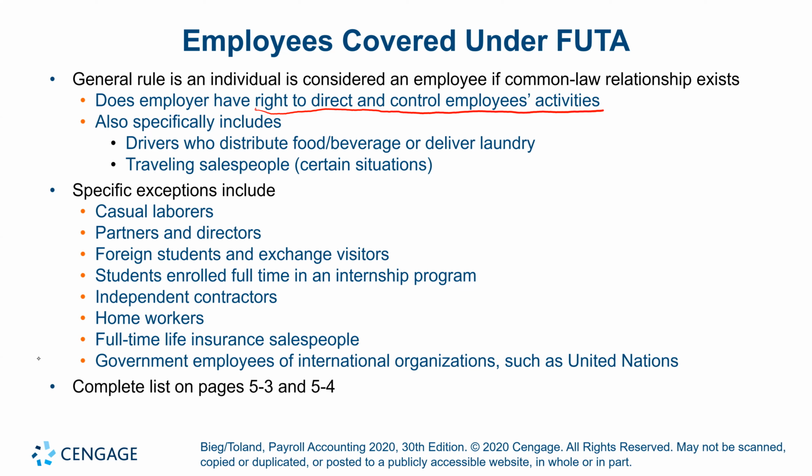There are several other ones here, like for example, number 12, services performed by individuals in fishing and related activities if the vessel is less than 10 net tons. Services performed by employees or employee representatives for employers covered by either the Railroad Retirement Tax Act or the Railroad Unemployment Insurance Act, right? So there are 16 different ones that they talk about on pages 3 and 4.